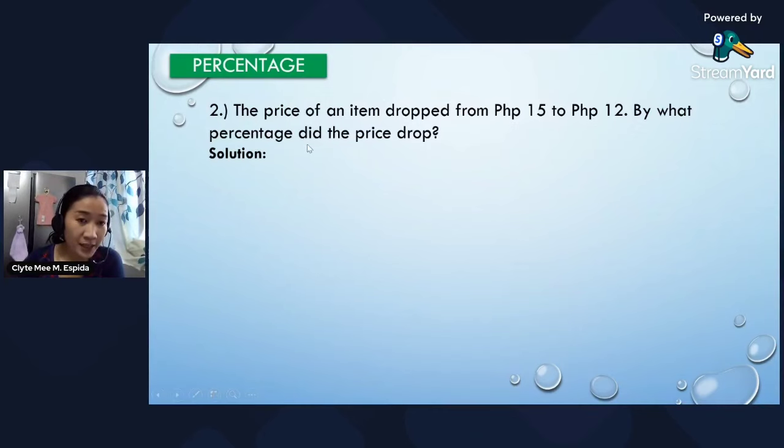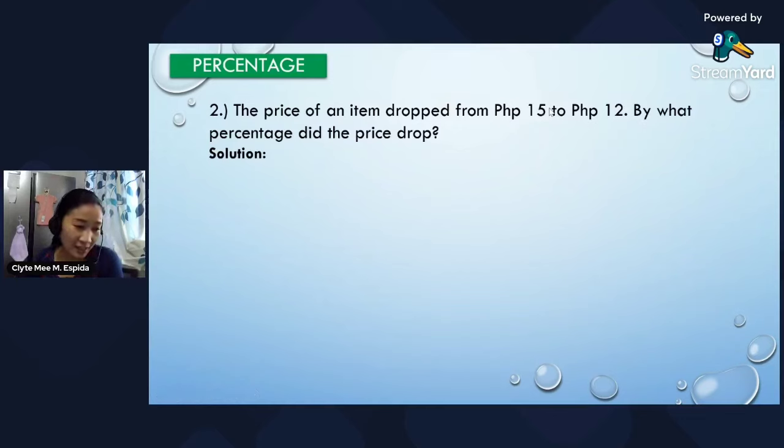Drop meaning bumaba? So from 15, naging 12 pesos, magkano yung binaba? So that is 3 pesos. With that 3 pesos, anong percentage siya ng 15? Okay, so you are answering 20%.